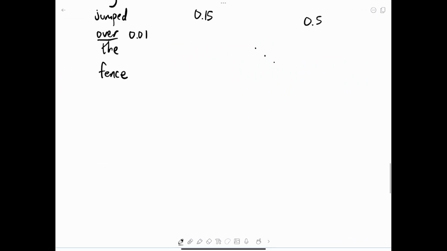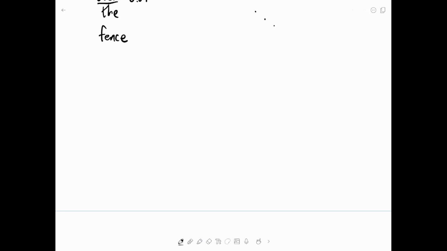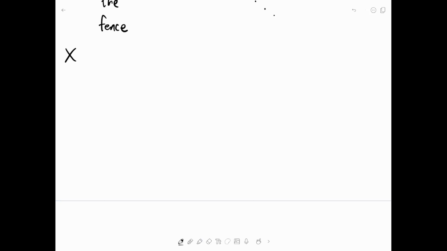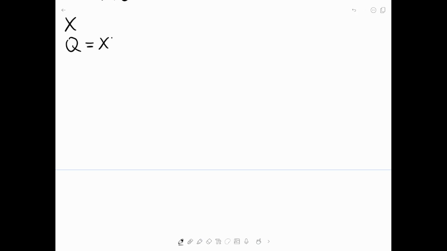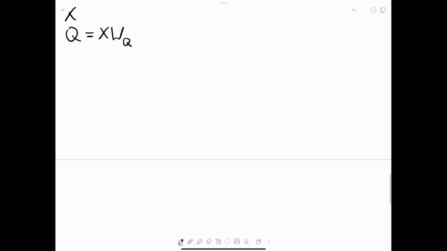So what does that mean? They don't elaborate in the paper, but essentially what they're doing is they're taking a weight matrix. So if I have the input X, then I can define a weight matrix such that when X is multiplied by it, it produces an output Q. So X is a matrix and W_Q is a weight matrix.